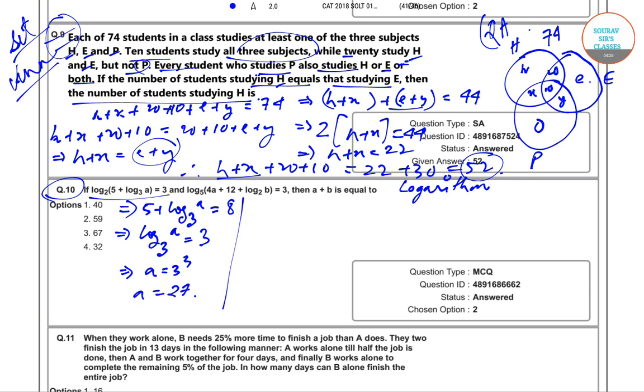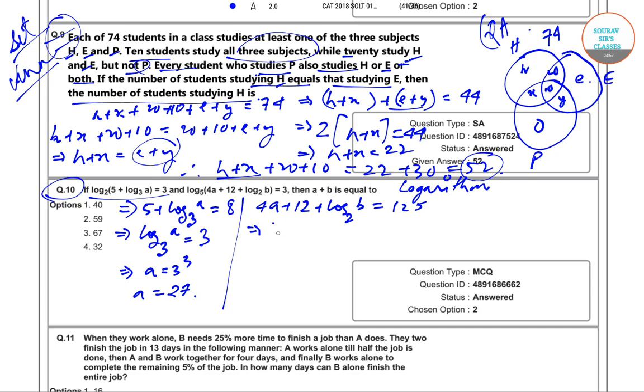Okay, so now on to the next part. We have log of (4a plus 12 plus log of b to the base 2) to the base 5 is equal to 3. So that implies that 4a plus 12 plus log of b to the base 2 will be 5 cube, which is 125. Now we know that a is equal to 27. So 4 into 27 will be 108.